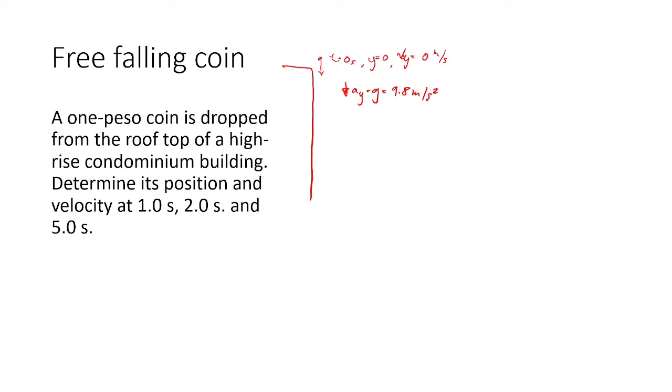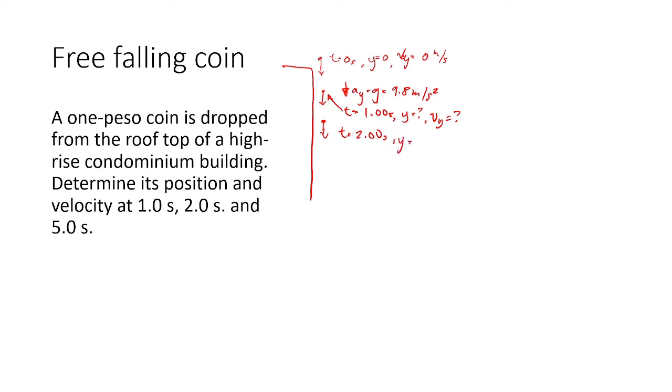So, ang kailangan nating malaman ay kung ano yung mga values kapag yung first second natin. So, this will be t equals 1.00 second. Hindi natin alam kung ano yung y niya. Hindi rin natin alam kung ano yung vy natin. So also, we need to look at t equals 2 seconds.